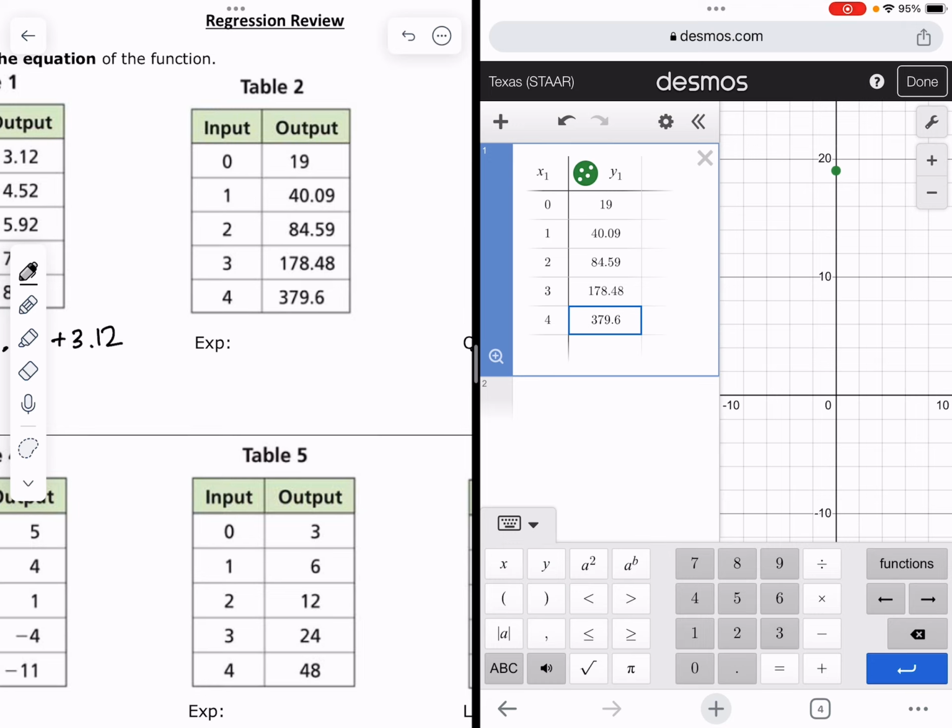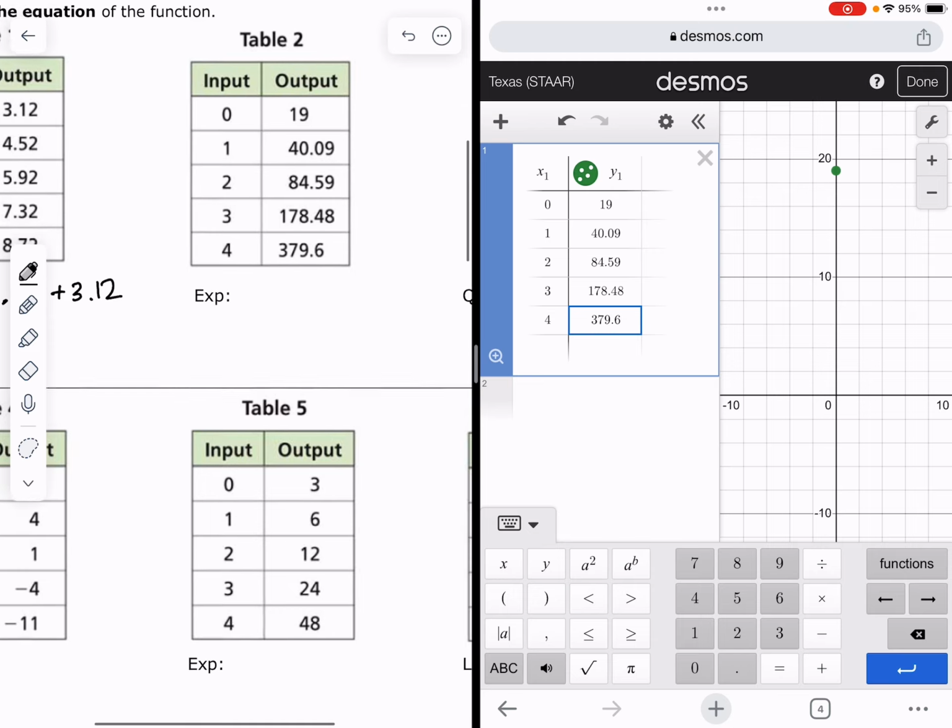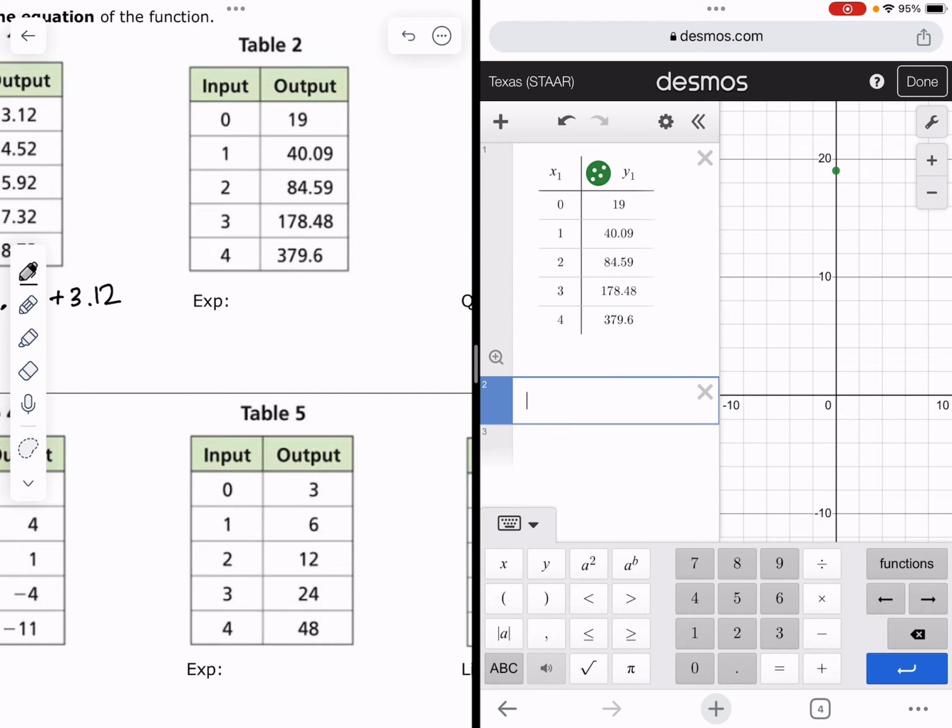Okay, double check, make sure your data is entered correctly. You're not missing any decimals. And then it says exponential.